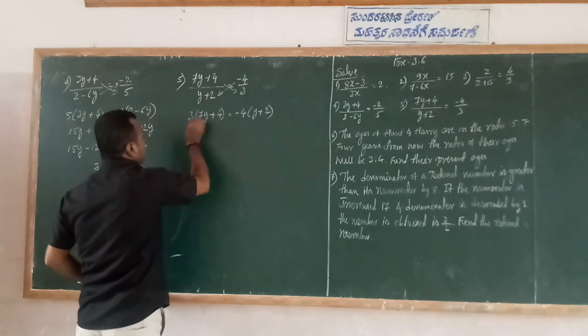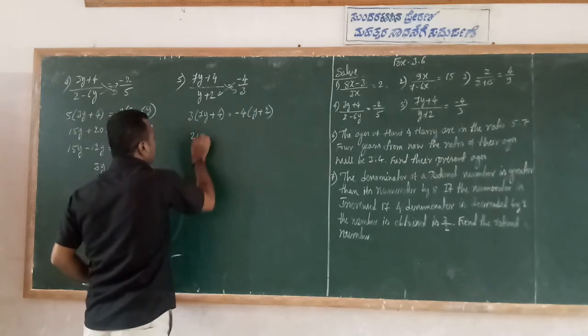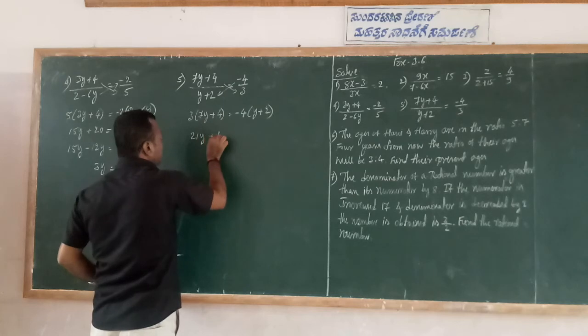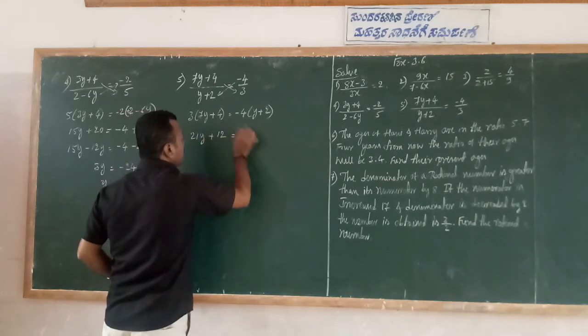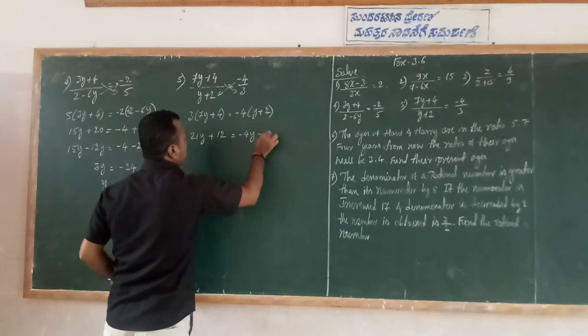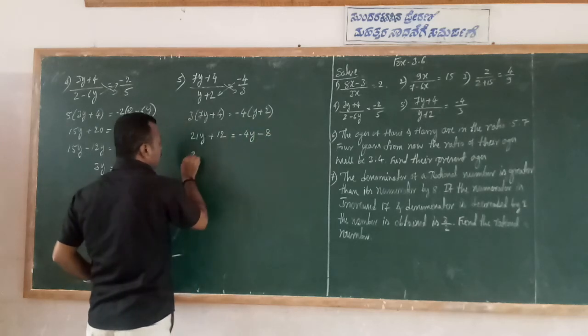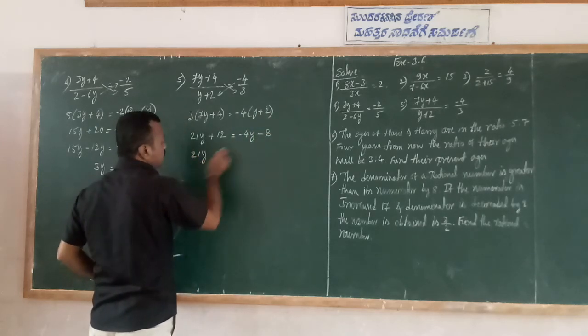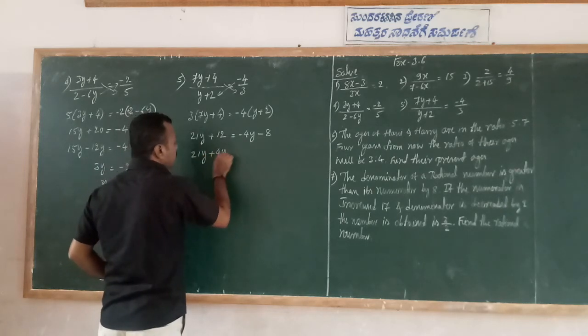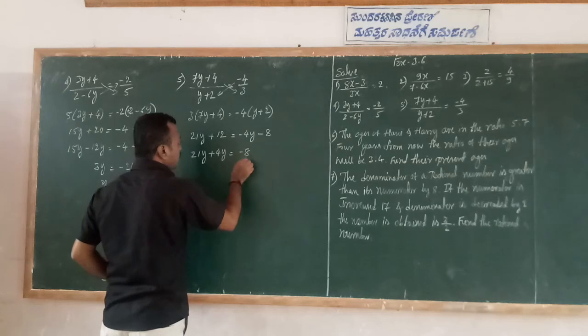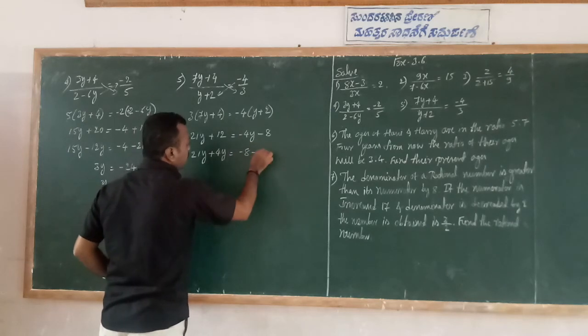Okay. Next, 3 7s are 21y, plus into plus, 3 4s are 12. Then it is equal to minus 4y, and minus into plus, minus 4 2s are 8. Then 21y we keep in the LHS, and minus 4y we send here, it becomes plus 4y, equal to minus 8 in the RHS, plus 12 we send here, it becomes minus 12.